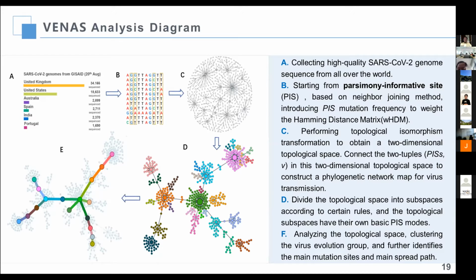And finally, analyze the topological space, cluster the virus evolution groups, and further identify the main mutation set and the main spread paths.